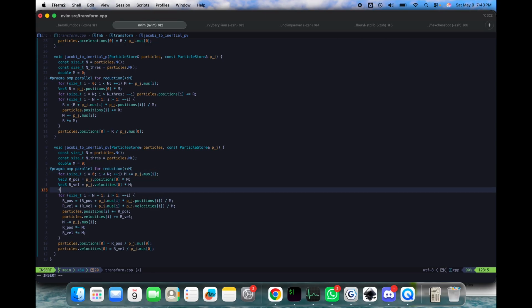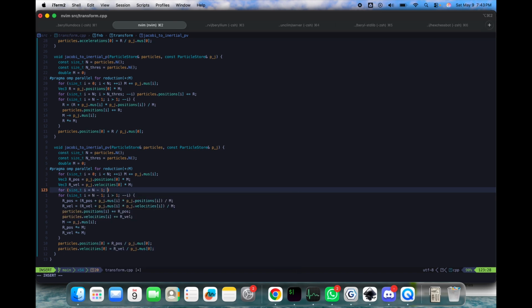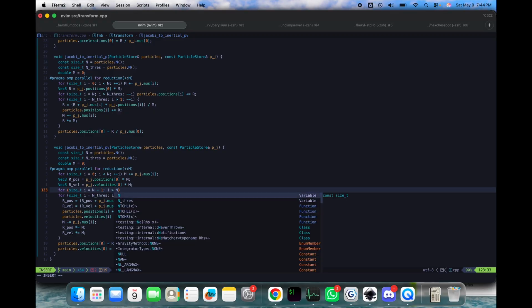And here there's one more thing to do. I have to also update two things this time, position and velocity, so I can't use single statements, sadly. I equals n minus 1. Yeah, I forgot. This also has to be n thresh, not n. I is greater than n thresh.